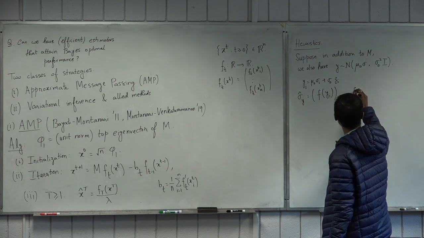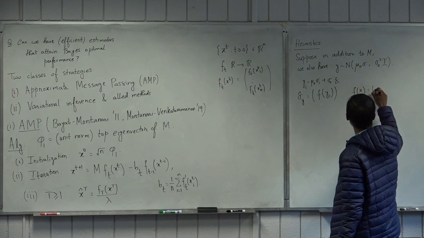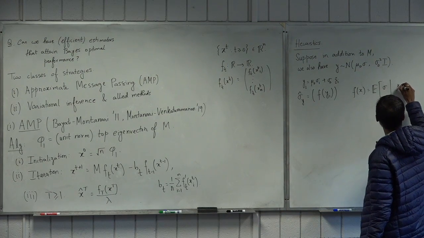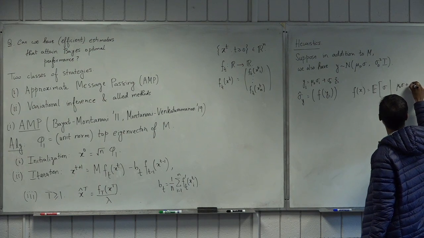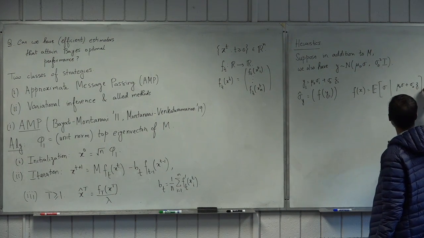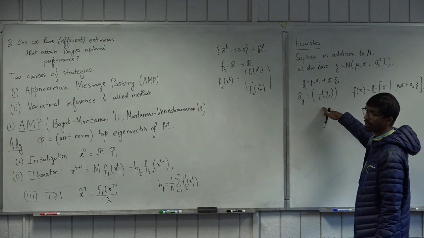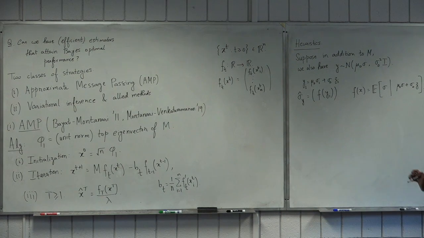And this function of x would be basically the expectation of sigma given mu naught sigma plus sigma naught times z. This would be your posterior mean denoiser. Just by Bayes' rule, this would be the best estimate that you have if you just had access to y, right?